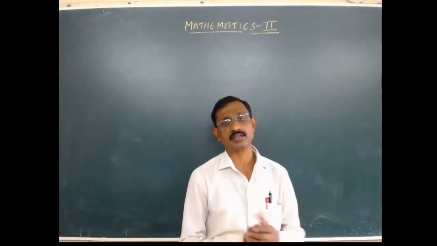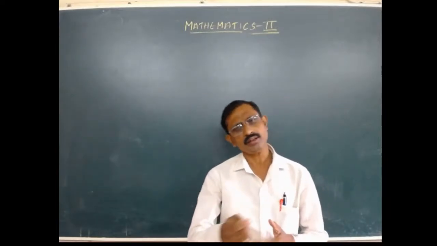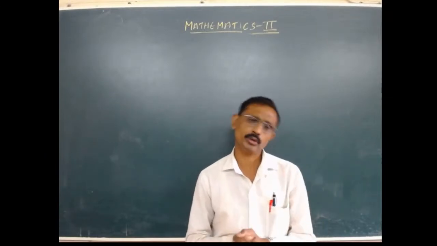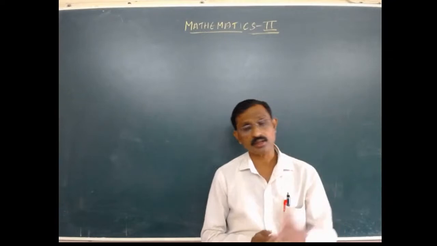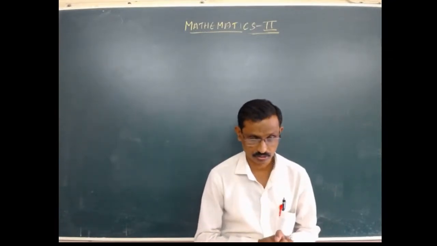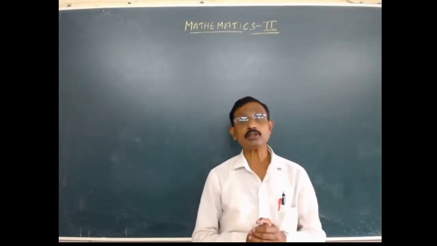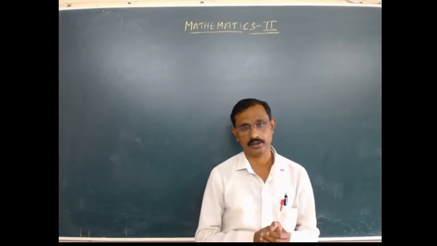We'll start with the basic concepts and how each angle is related, and then we will move on to MCQ questions. As usual, each MCQ has 4 options, and we will solve each option and try to find which is the correct alternative.